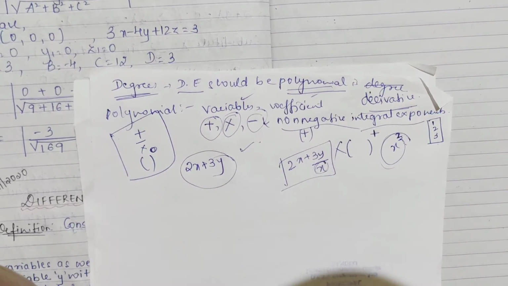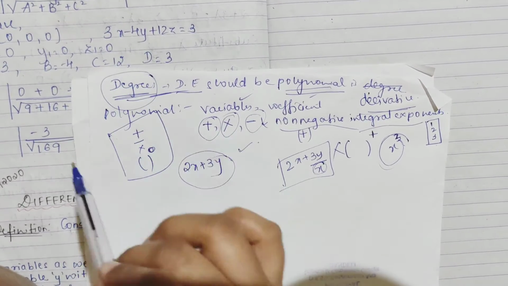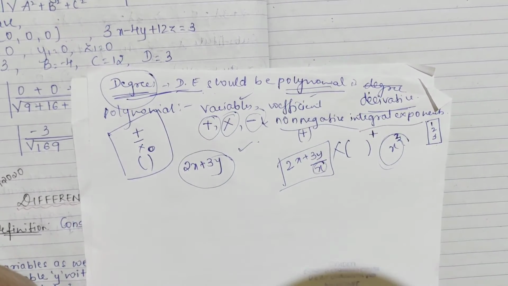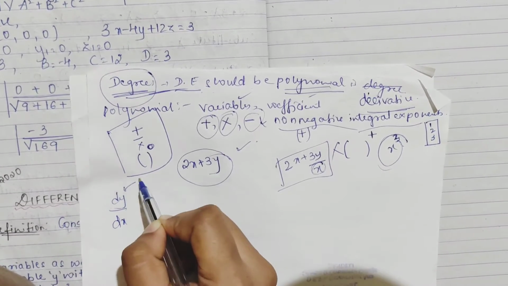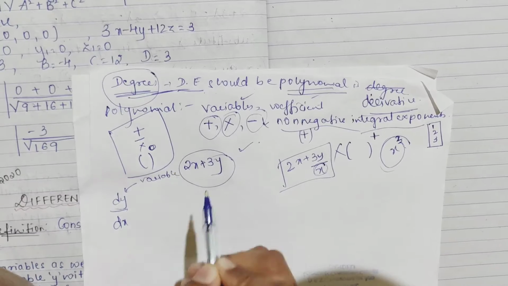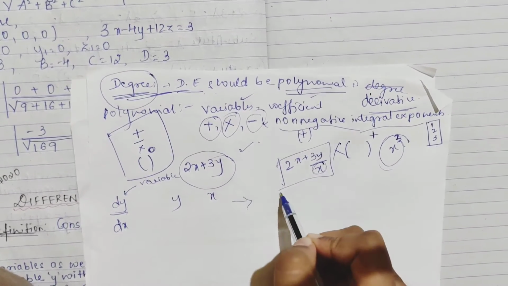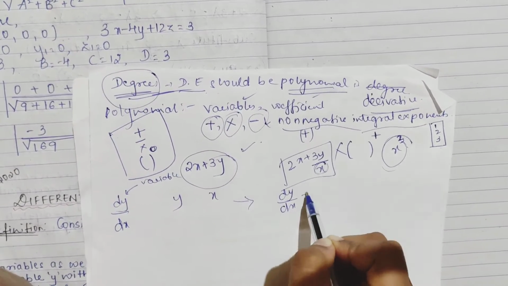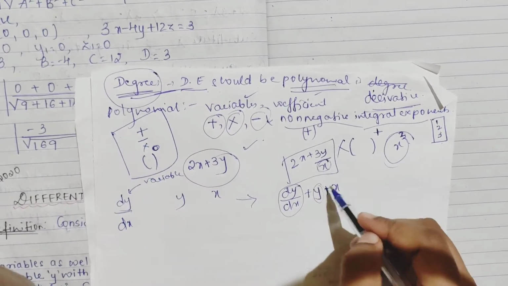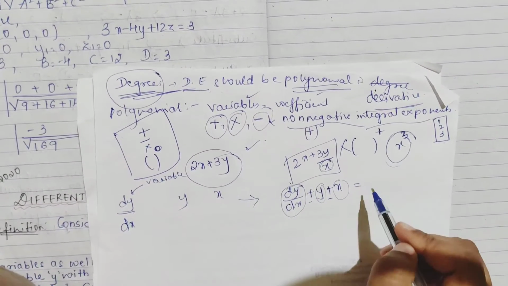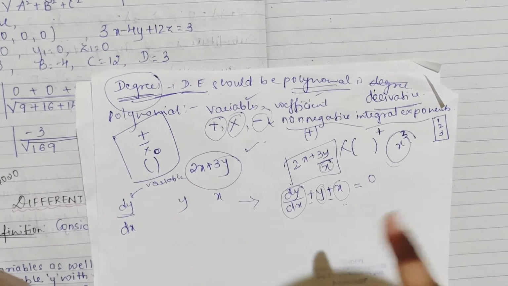Now speaking of our differential equation, to find the degree it should be polynomial in derivatives. The variables y and x are there, so you can take dy by dx plus y plus x equal to 0. You have the derivative, you have variables, and there is addition, so this is your polynomial in derivative.